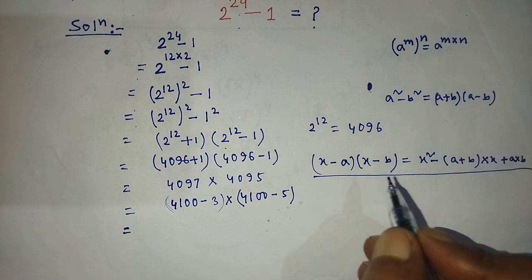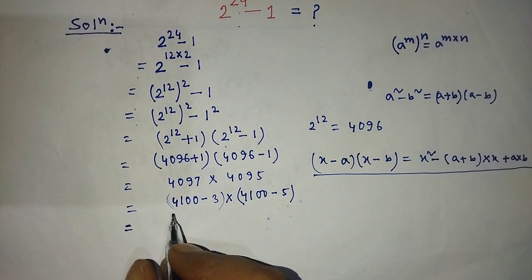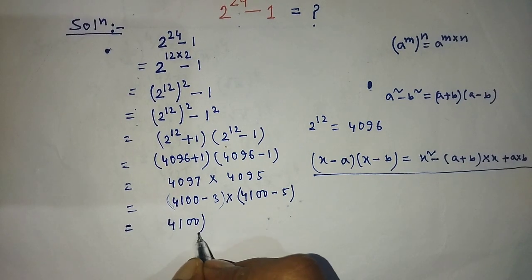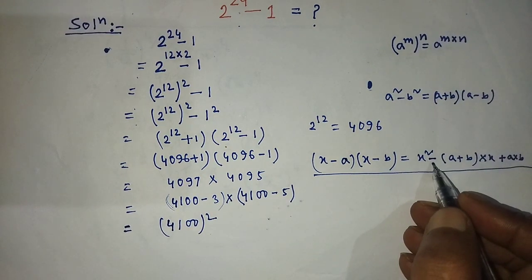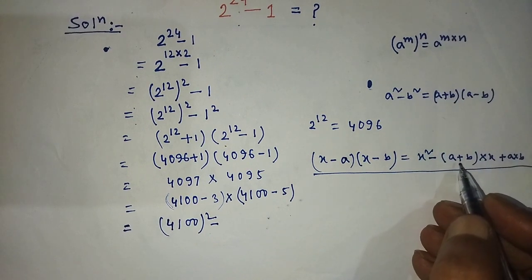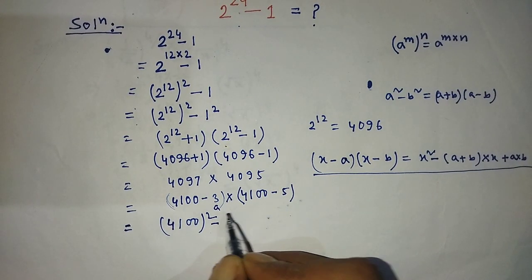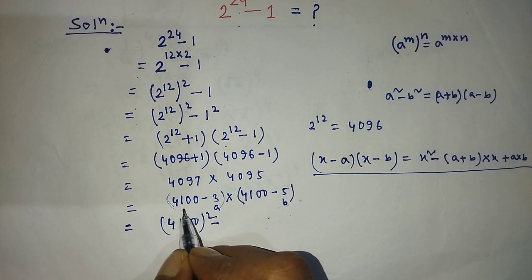Okay, so student, after applying this formula on this algebraic expression, we can write 4100 whole square. So here is minus, so we have to take minus sign, and here is a plus b. In the place of a is 3, and in the place of b is 5, and in the place of x is 4100.